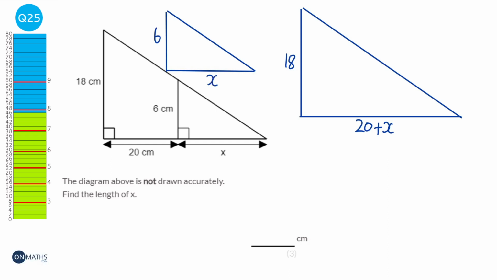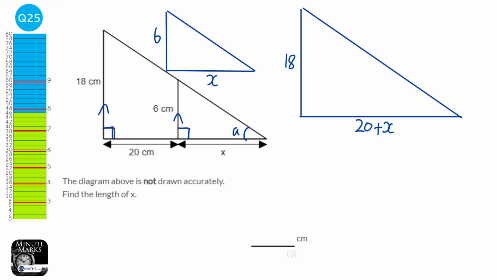Now, the two triangles are similar because the sides here, we know they are parallel because they are right angles, and they share an angle here, which we can just label as A, and so they are definitely similar, which means that one is an enlargement of the other.